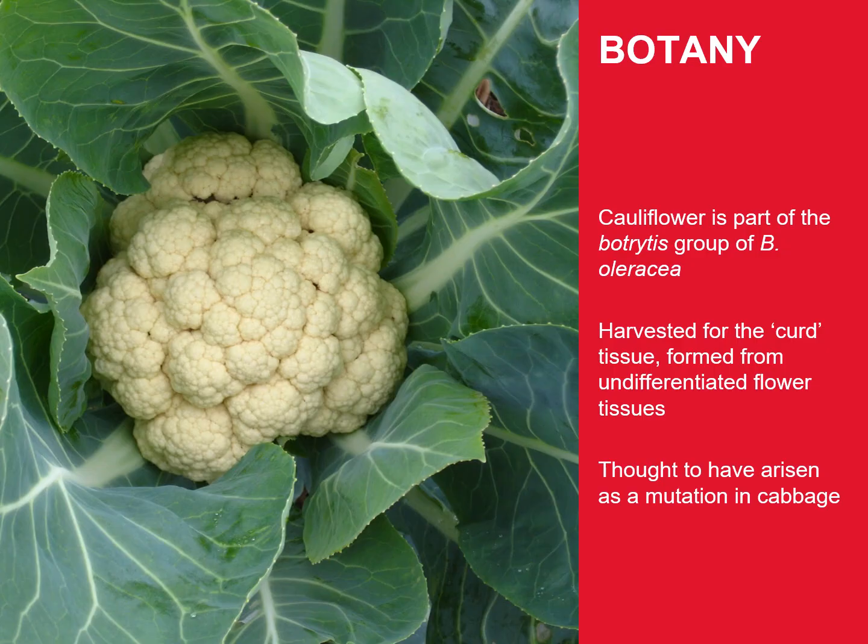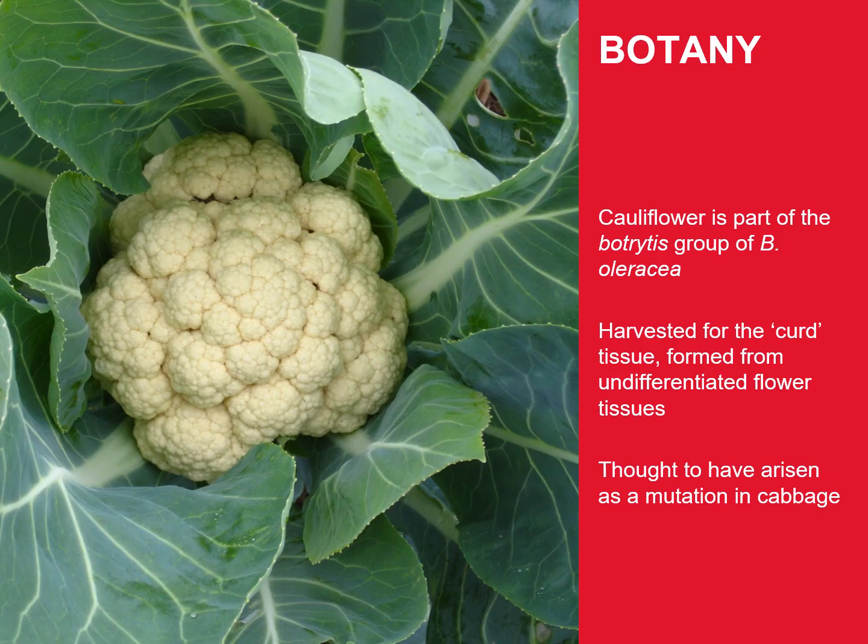So in terms of the characteristics of the cauliflower plant, cauliflower is part of the botrytis group of Brassicales. The cauliflower itself is what's called a curd. A curd is a tissue formed of undifferentiated flowering heads, and that distinguishes it from broccoli, which has differentiated flowering heads.